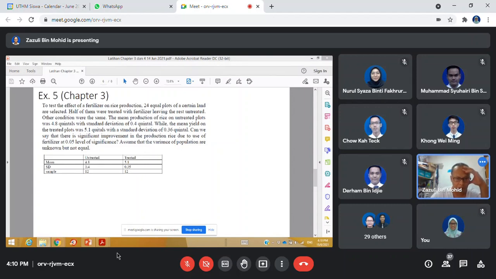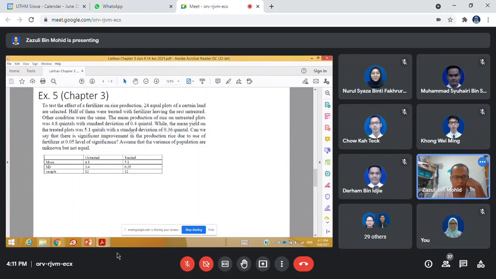So the mean production of rice on untreated plots was 4.8 quintals with a standard deviation of 0.4. Okay. Dia kata situ standard deviation adalah 0.4. See here, the standard deviation is 0.4 here.